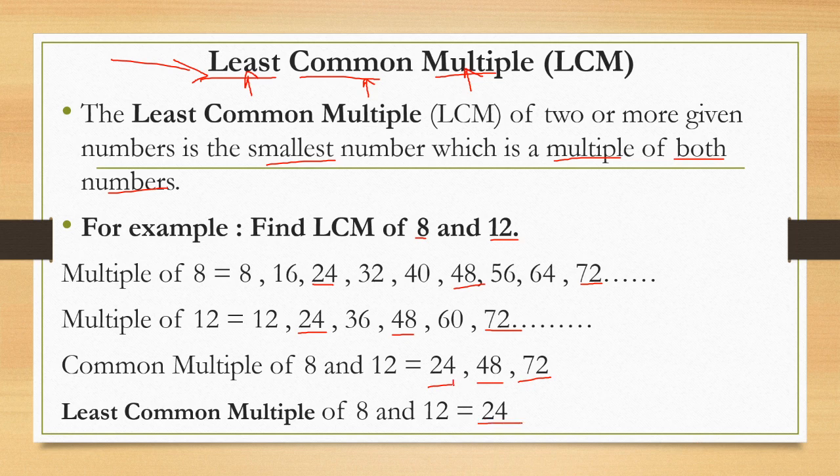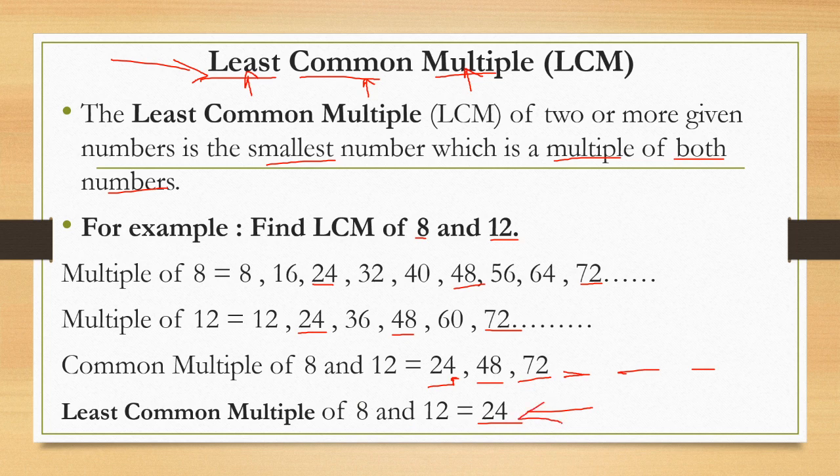If we take more common multiples, they are greater than 24, and they will not be less than 24, so we do not have to worry about that. Now according to the name, we find the LCM of 8 and 12, that is 24.